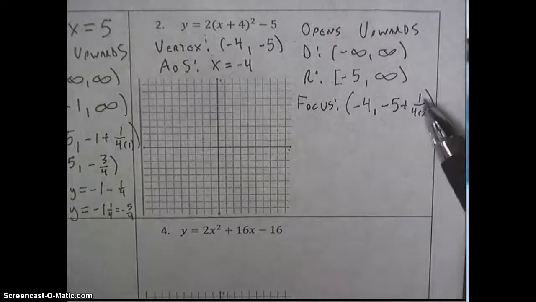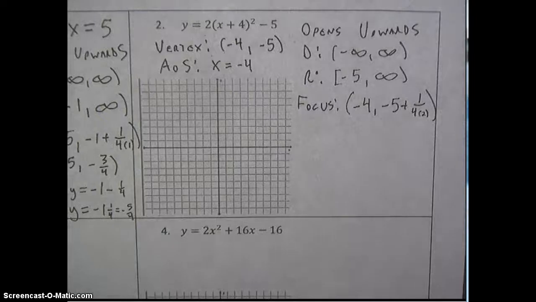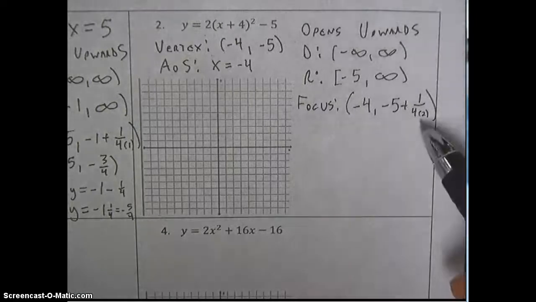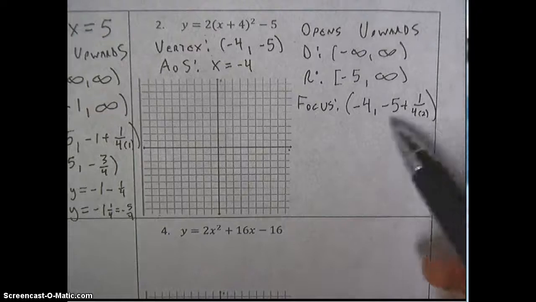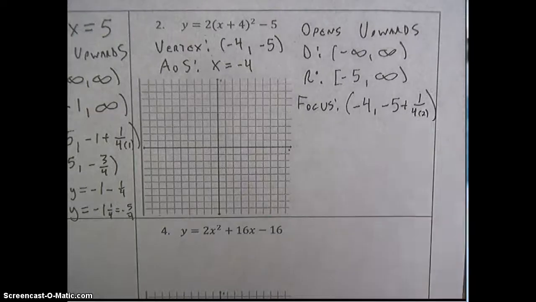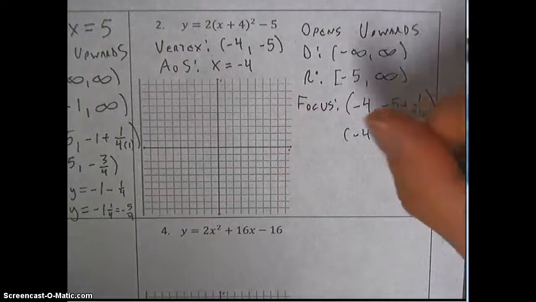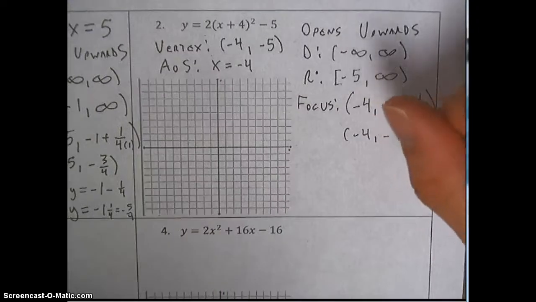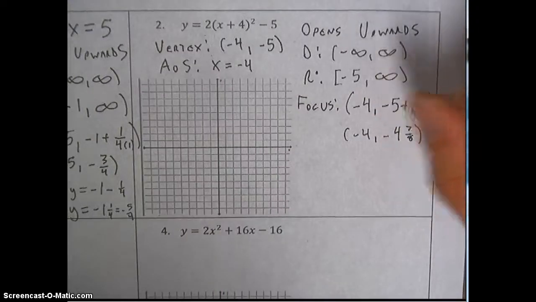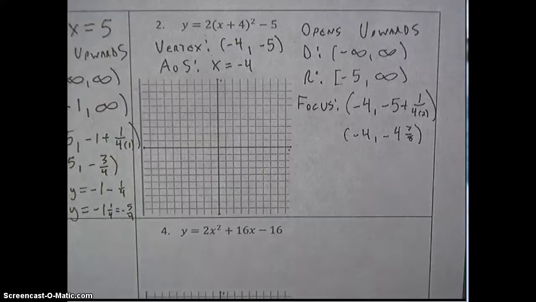Well, let's see here. So 1 over 4 over 2, that's 1 over 8. So I'm going to need to add 1 over 8 to -5. So that's going to work out to be -4, comma, -4 and 7/8. Like that.